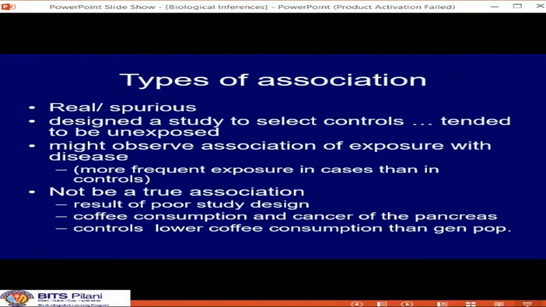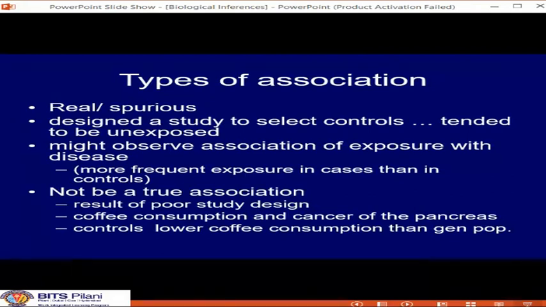And I can carefully choose a group of controls who I know smoked. And I can then prove that actually smoking doesn't cause lung cancer, or even that smoking protects you against lung cancer. So with poorly designed studies, I'm not saying that people always do fabricated work, but by accident, if you don't choose cases or controls properly, then you may land up with a wrong story.